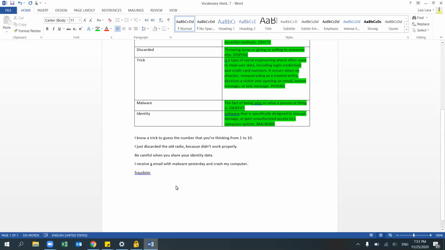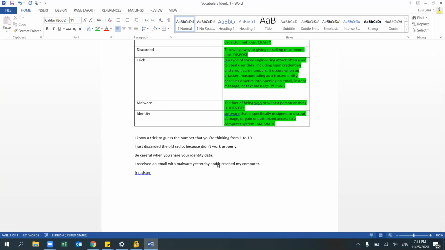Crashed. Crashed in past. Also received, and yeah, with T. Yeah, I received an email with malware yesterday and it crashed my computer. You have to add it or no? It crashed my computer. Yeah, no, it, without S. Without the.